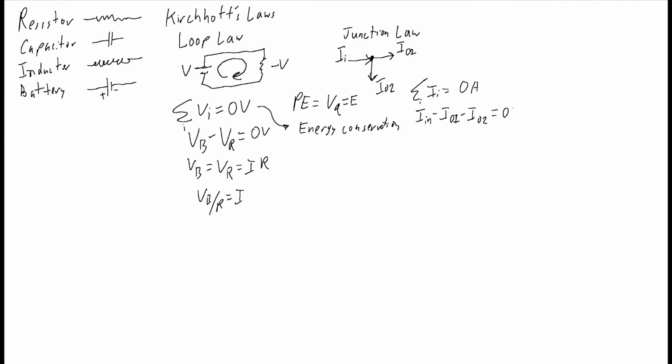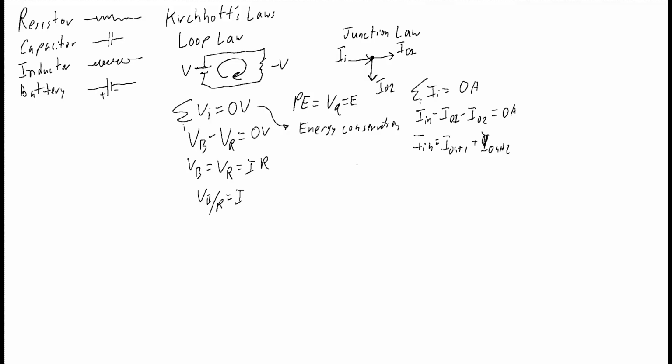And this is 0 current. So that means that the current in must be equal to the current out 1 plus the current out 2.